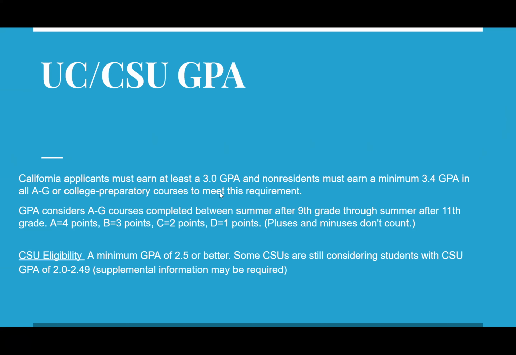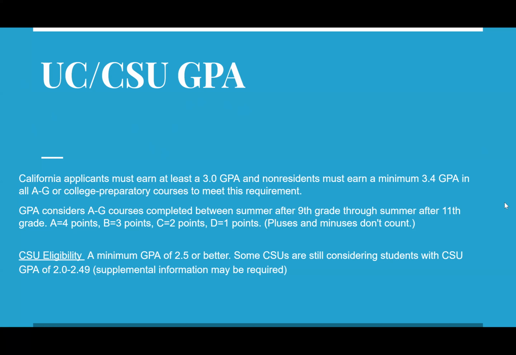For example, if a student doesn't have at least a minimum 3.0 GPA, it might not be a good idea for them to apply to UCs if the minimum GPA requirement is a 3.0. So they will calculate it themselves, but it's good for students to know where they are as far as their GPA calculation.